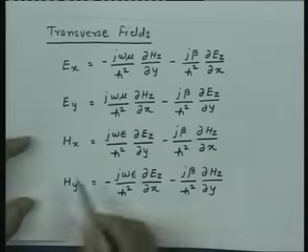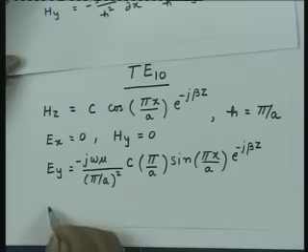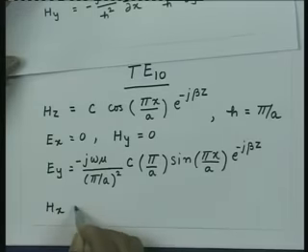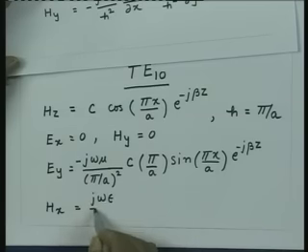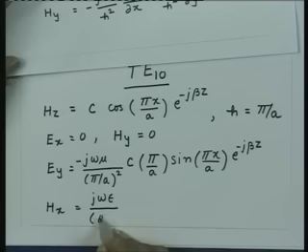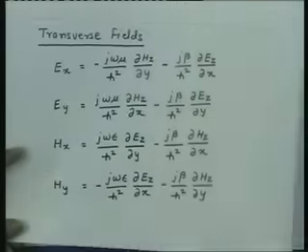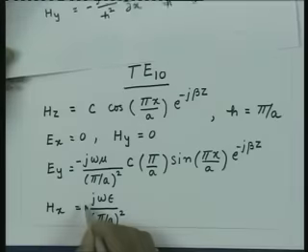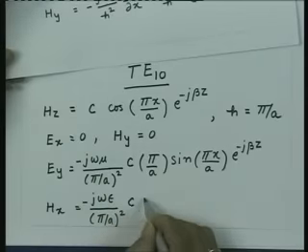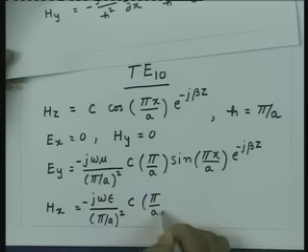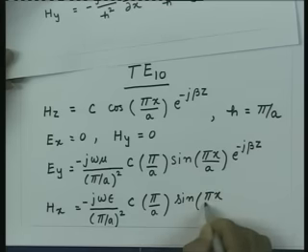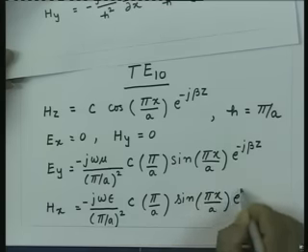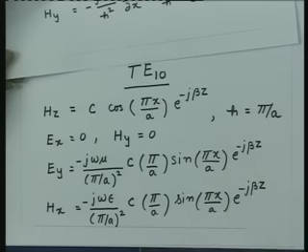And I will get the component Hx, with Hy being 0. Hx will be equal to j omega epsilon upon pi upon a whole square, times minus c pi upon a sin of pi x by a e to the power minus j beta z.